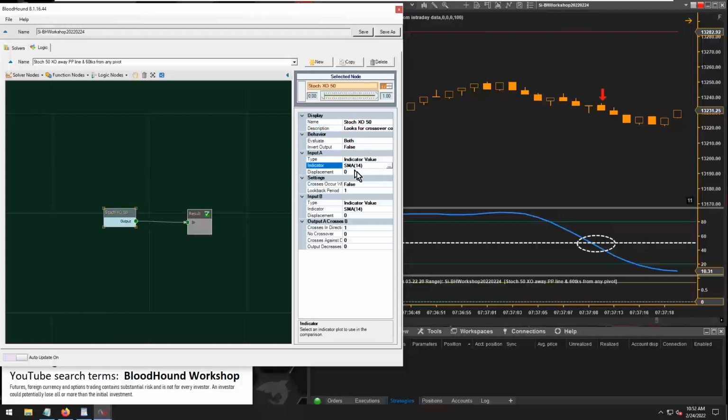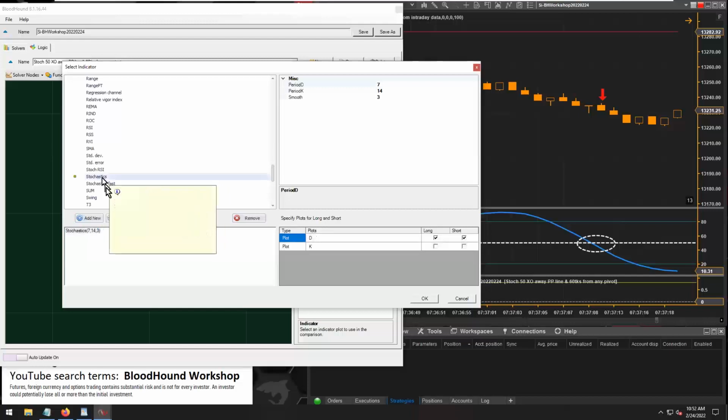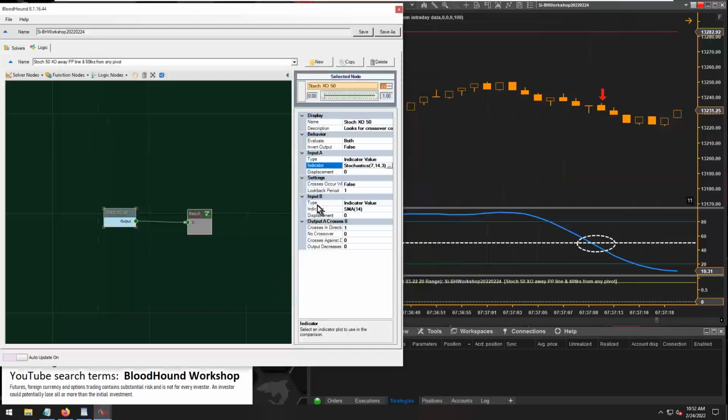All right, and let's see. So input A is going to be the stochastics. Let's see, there's our stochastics, and of course I'm just using default settings here, and we'll use the %D plot there. All right, input B, that's going to be our 50 value, or the 50 threshold level.